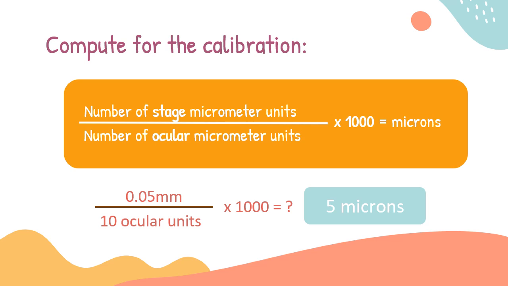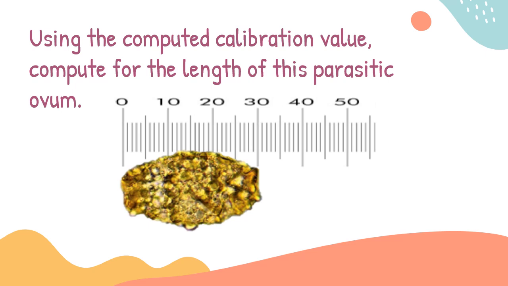So these 5 microns is the value of the calibration of the ocular micrometer, which means that each small line of the ocular micrometer is worth 5 microns. Using the computed calibration value, let's compute for the length of this parasitic ovum. So how many ocular units did you count?